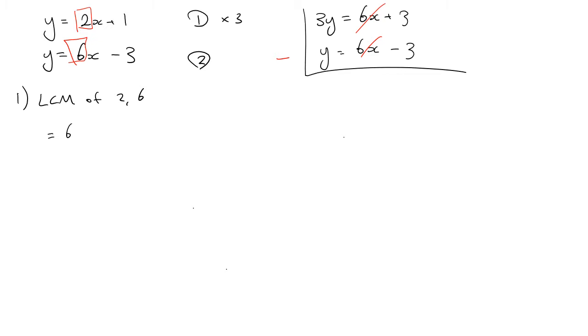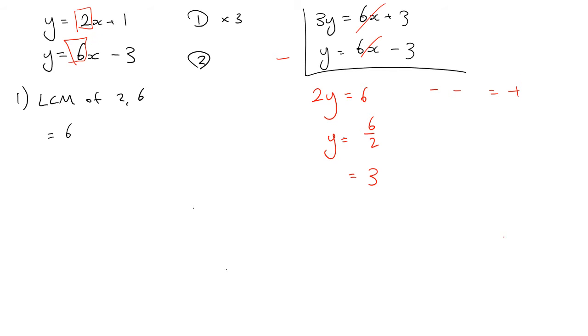So let's subtract. 3y minus y is 2y. 6x minus 6x is 0, and 3 minus negative 3 is 6, because a negative and a negative makes a positive. So 2y equals 6. So y should equal 6 divided by 2, which is 3.